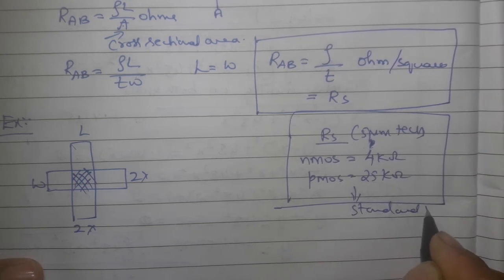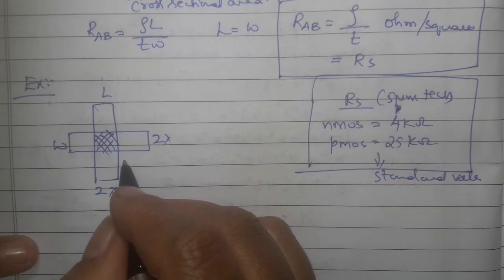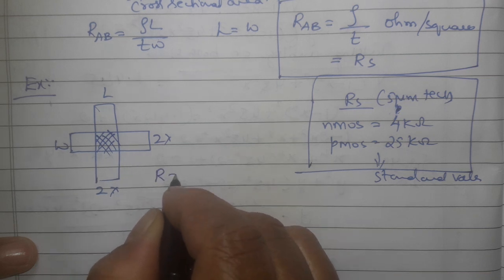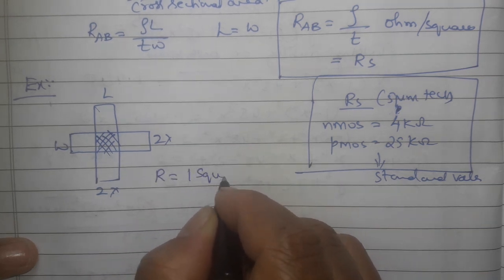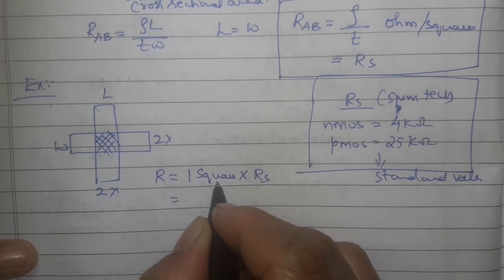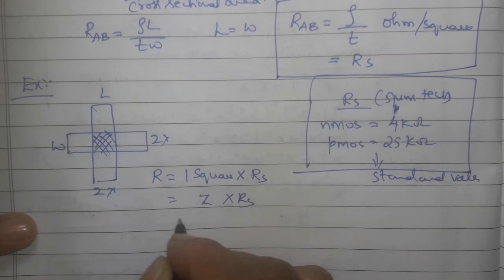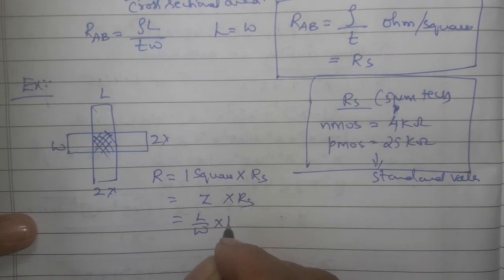With this standard value, a dimension is given. We are supposed to find out how much is the R. So, how do we find that? R is equal to 1 square into Rs, the standard. What do you mean by 1 square? 1 square is nothing but your Z into Rs, that is L by W into Rs.